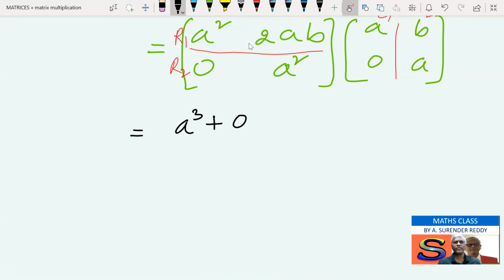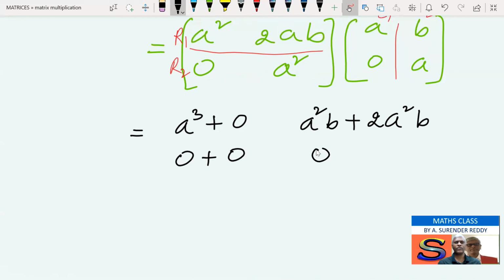R1 C2: a square with b, that is a square b, plus 2ab with a, this is 2a square b. R2 C1: 0 into a, 0, a square into 0, 0. R2 C2: 0 into b, 0, a square into a, a cube.